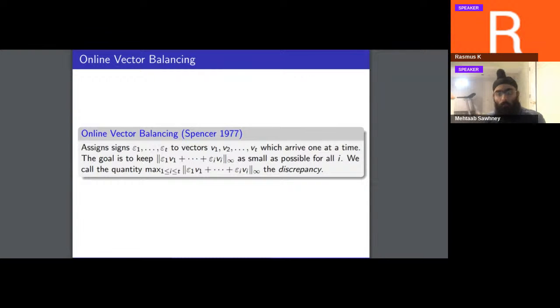So we'll define the discrepancy here by looking at all prefixes, the sum of epsilon_j v_j from j equals 1 to i, over all possible prefixes. You can have only one vector, or the first two vectors, or however many vectors you've seen over the t time steps. This is what we'll define as the discrepancy. So the goal of this talk is to find algorithms to minimize this discrepancy, subject to certain constraints on how the vectors are presented to you.